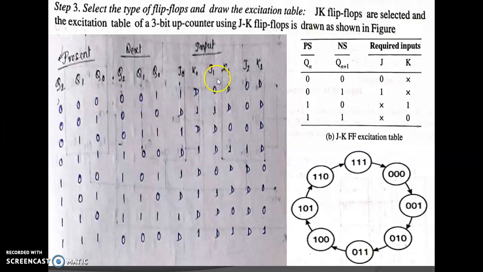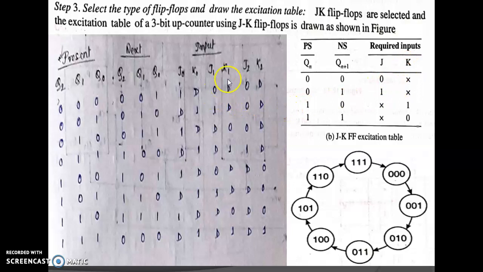Next is J1 K1. So when we find the excitation table of the J1 K1 flip-flop, we need to work on the present state Q1 value and next state Q1 value. So the present state Q1 value is 0. Next state Q1 value is also 0. Go to the truth table, present state 0, next state 0, this time J value 0 and K value don't care.